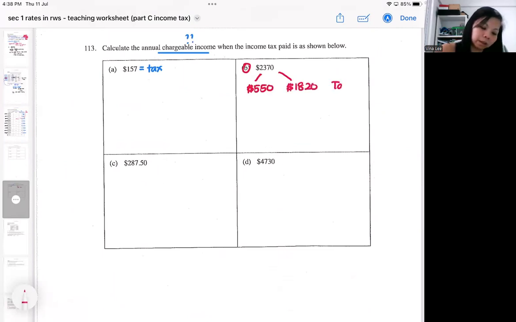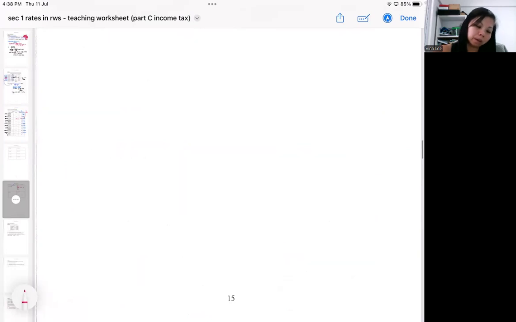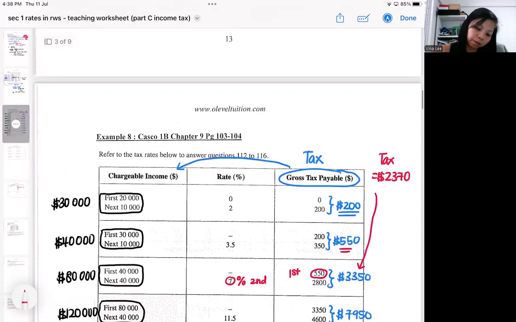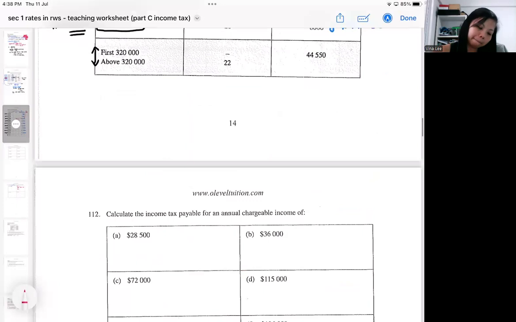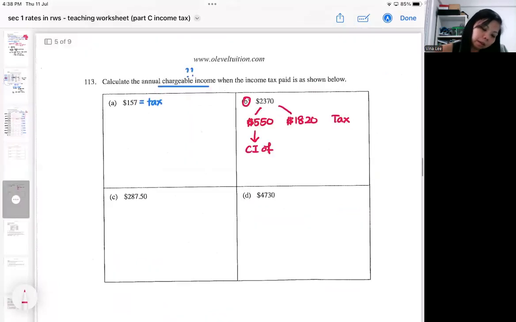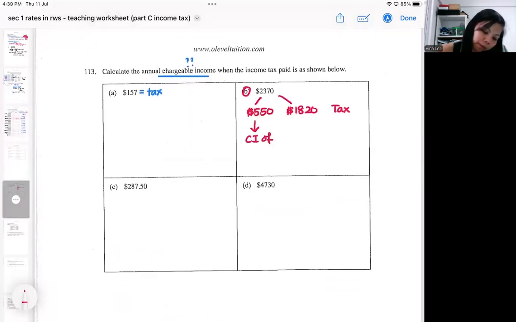So these are the taxes. Now you look at the 550, where does it come from? The 550 comes from the first basket of 40,000. Then here, it actually comes from 7% of the second basket.